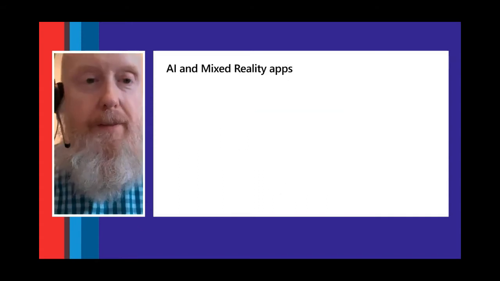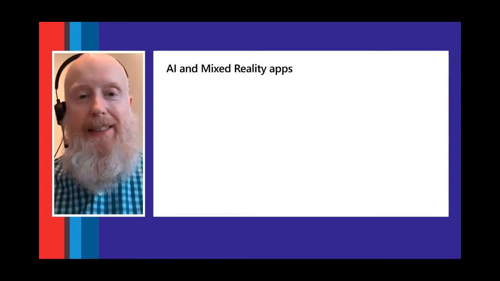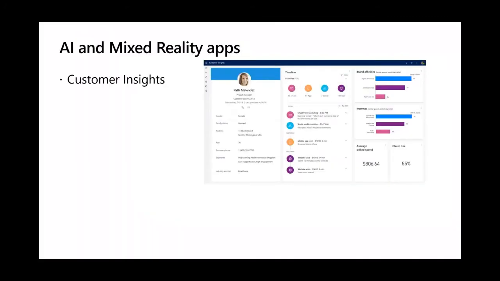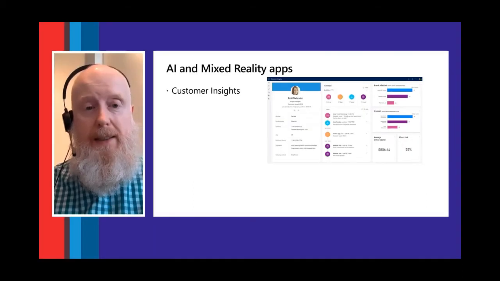Right, let's just reflect on some of the AI mixed reality apps. One of the ones I want to talk about a little bit is Customer Insights. What Microsoft did, I said they've embedded AI into the apps, into sales, into finance. And that's great. But what they've also done is built their own other separate applications. And one of the best is Customer Insights.